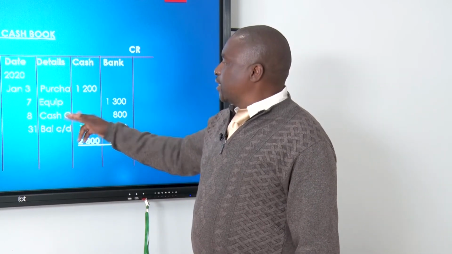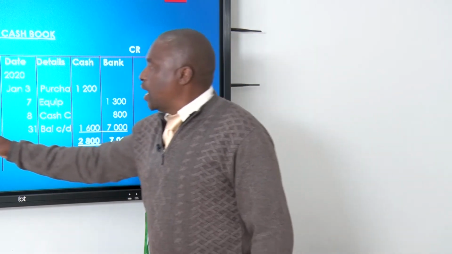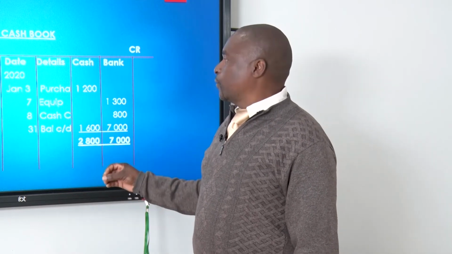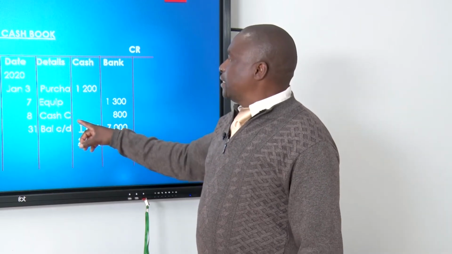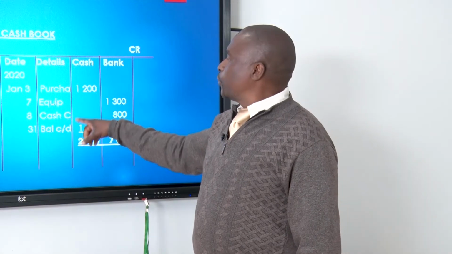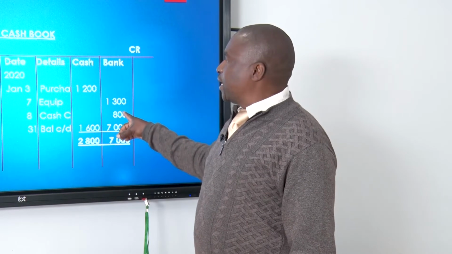Now, let's look at this entry. You can see there is 800 on the credit side and 800 on the debit side, and there is this C. This account is referred to as the contra entry. I want to explain what a contra entry is. What happened here was there was cash which was taken out from the bank, and this money was used for business purposes. So what actually happened is the money was taken out of bank.